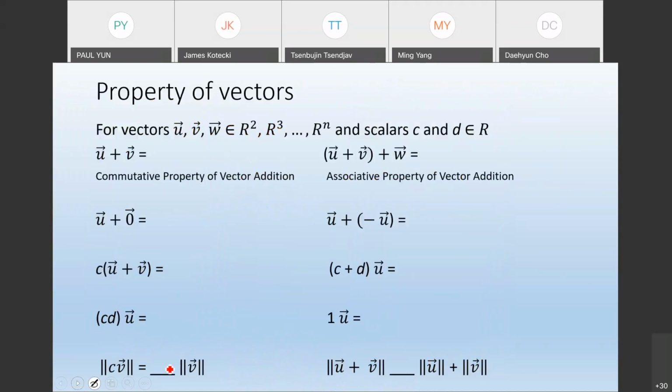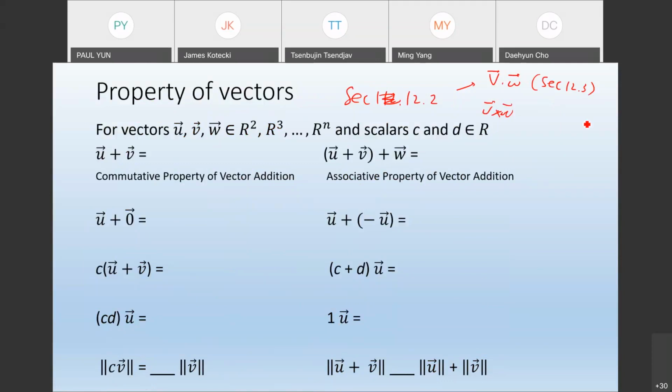Okay, so I guess these are the properties. So I guess we have to quickly learn this one. Section 12.2. Okay, this is section 12.3 and 12.4.